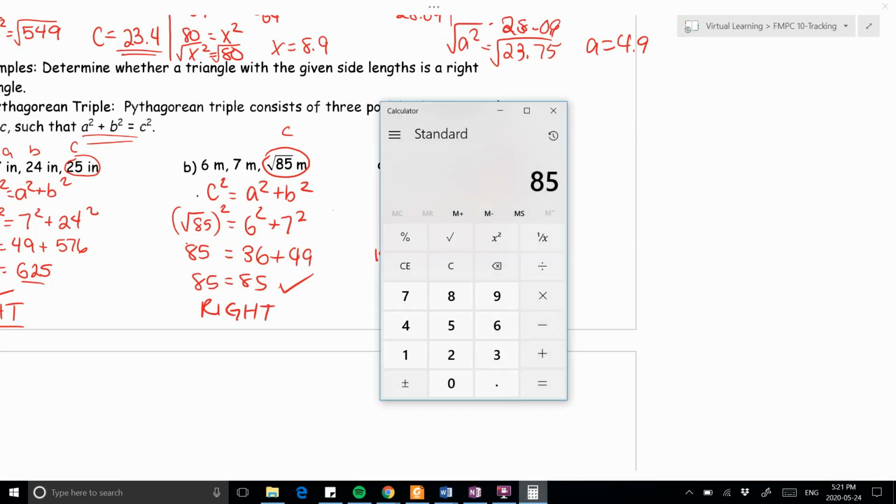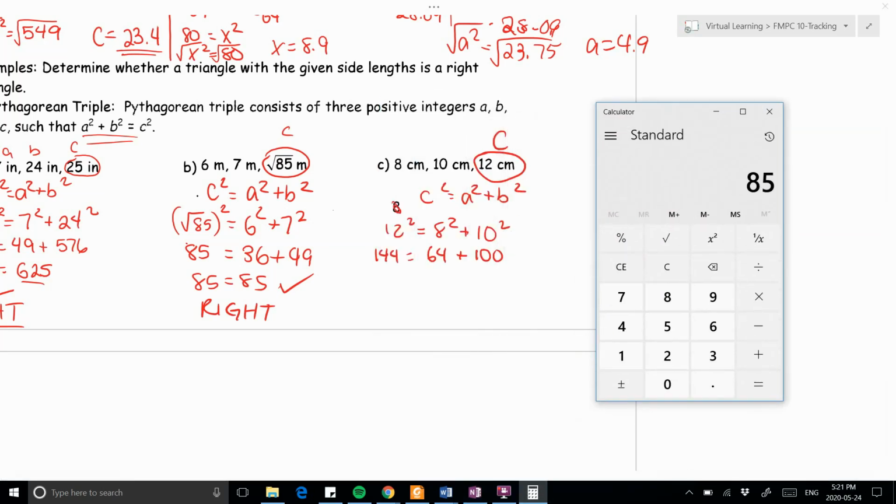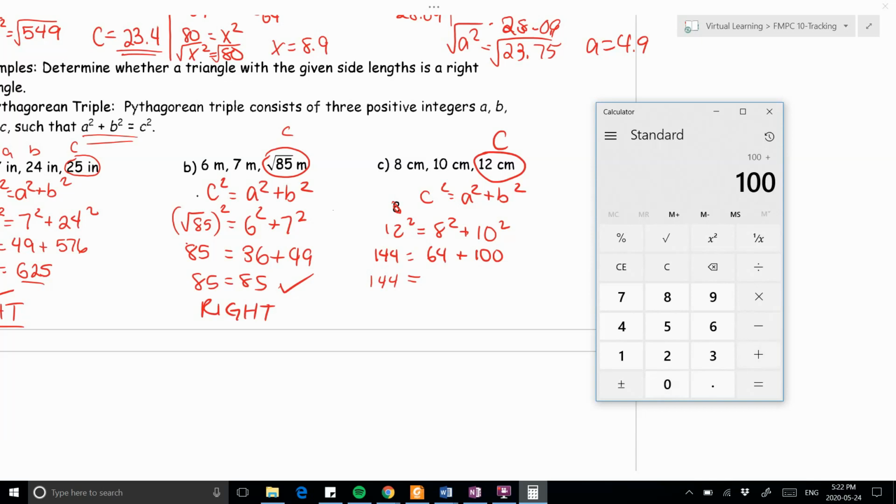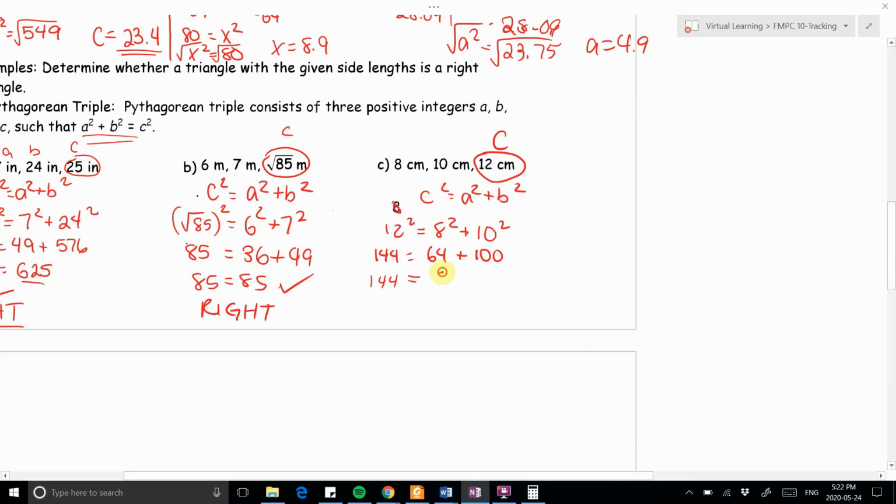You can always use your calculator to find these. You're not expected to remember them. So 12 squared, 8 squared and 10 squared. Okay, so we're going to get 144 equals 100 plus 64, 164.